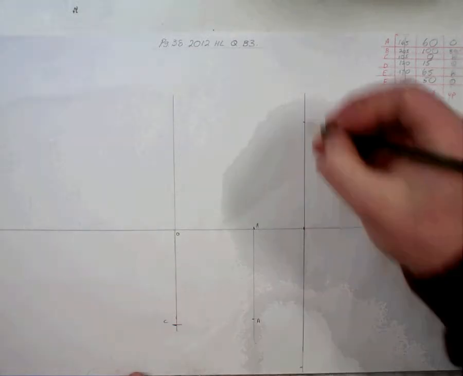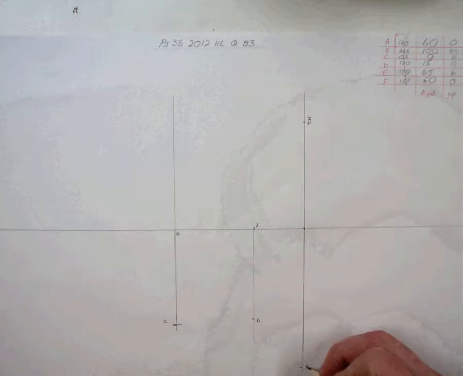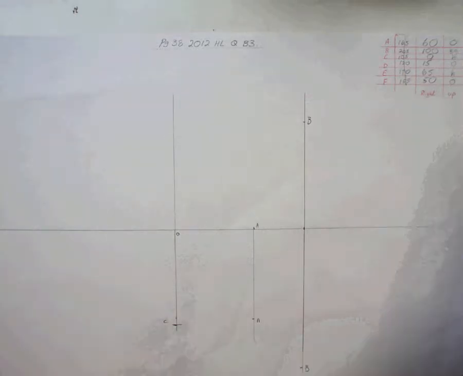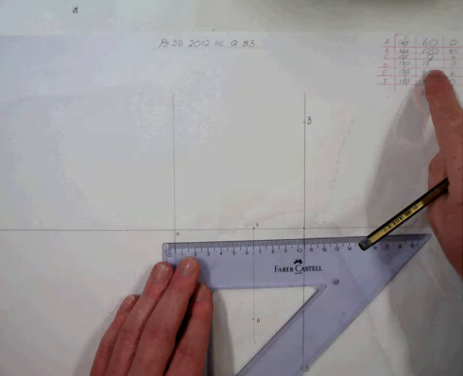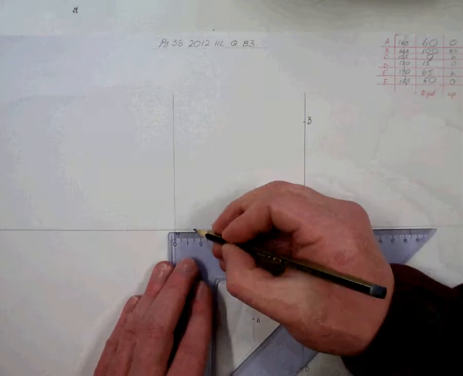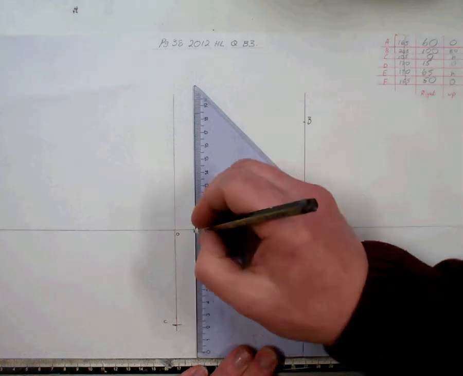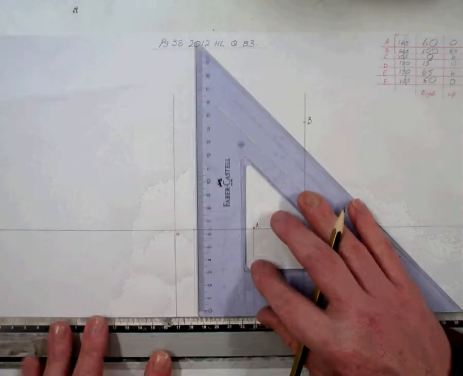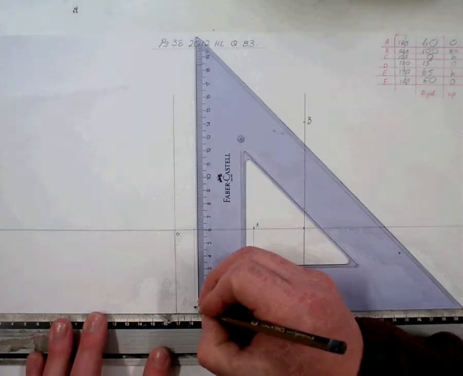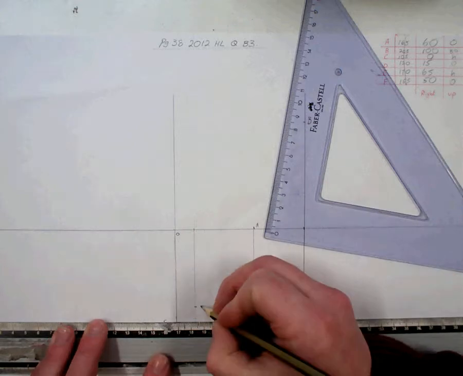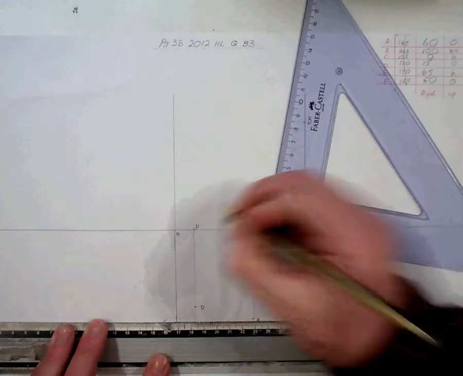That finds B. D is next, 15, 0, 60. Measure over 15, measure up 0, measure down 60. That gets D. That's D at 0 height.